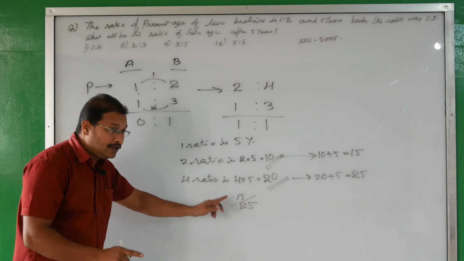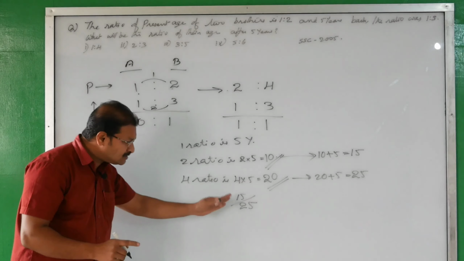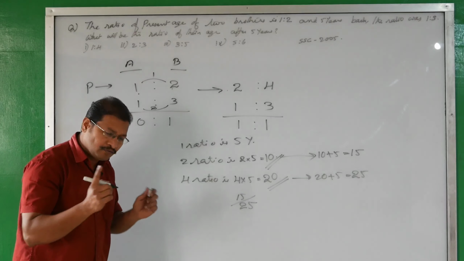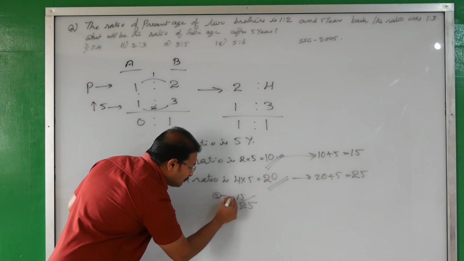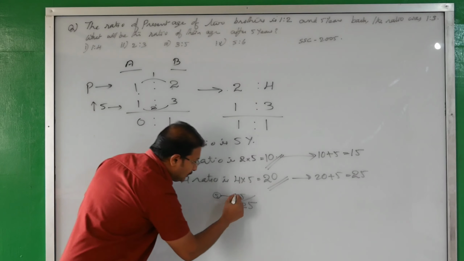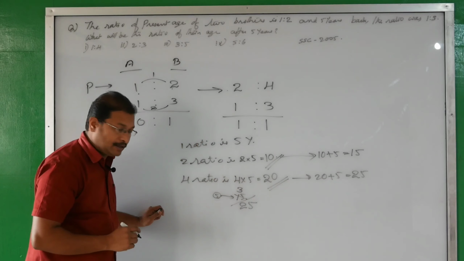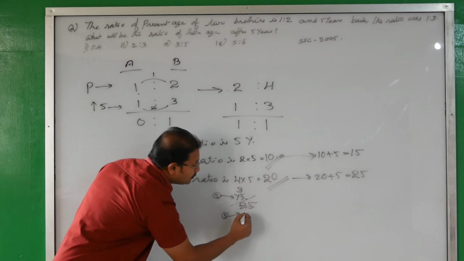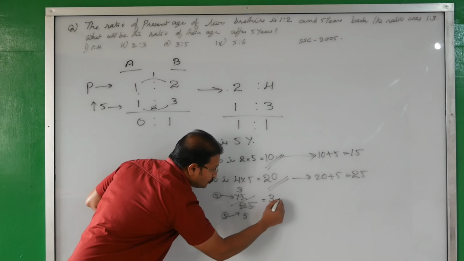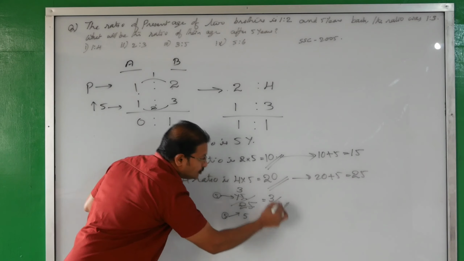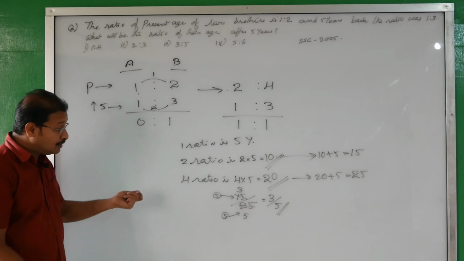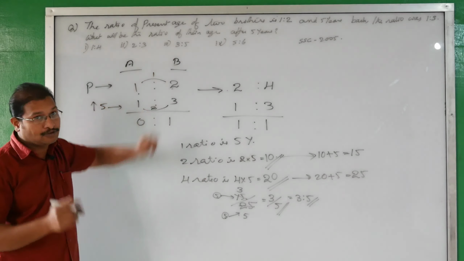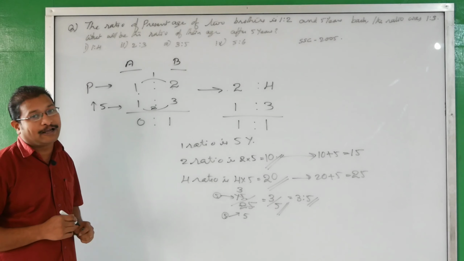Let's cancel by 5. 5 3s are 15. Again downside, cancel by 5. 5 5s are 25. So the condition is 3 by 5, which you can write as 3:5. So the right answer is 3:5.